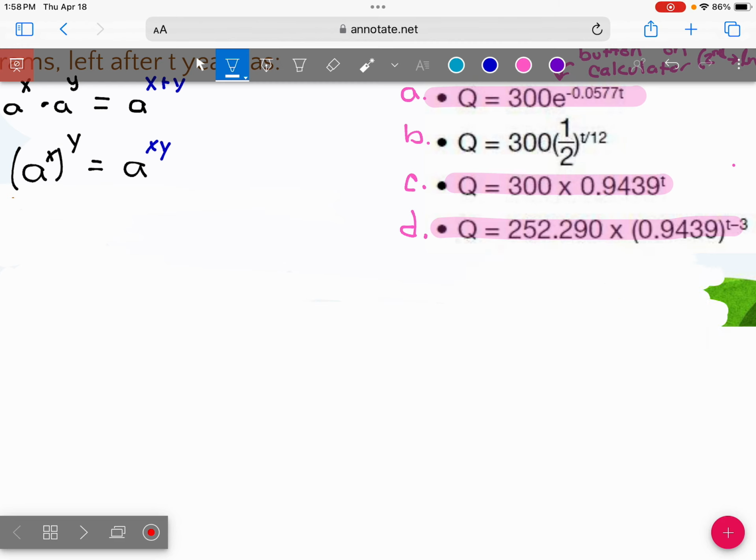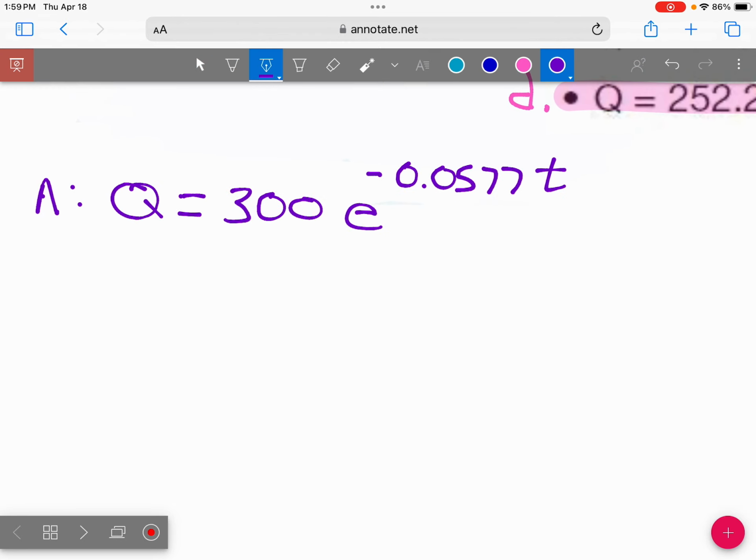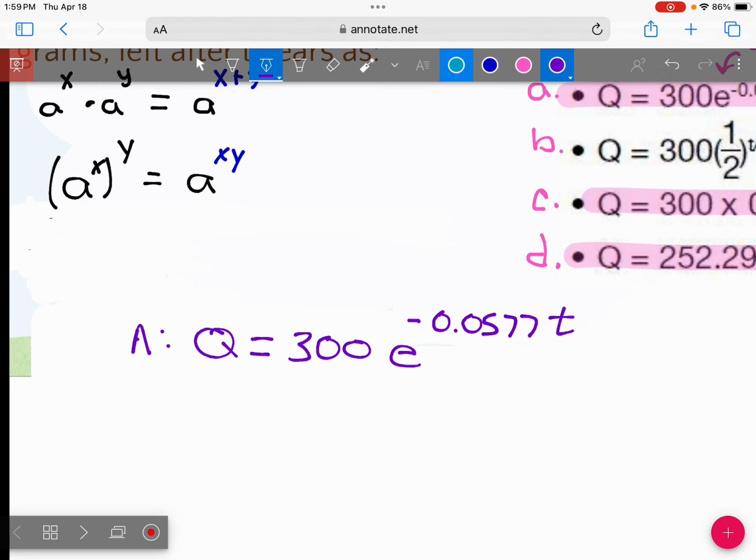Because what we're trying to do is use the exponent laws to see if they did, in fact, simplify and solve these equations the right way. So if I take that equation A, that Q equals 300 e to that gross decimal, minus 0.0577 times t. And what we're going to do is use the exponent law that involved the two exponents being multiplied.